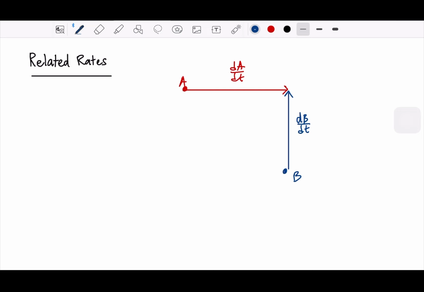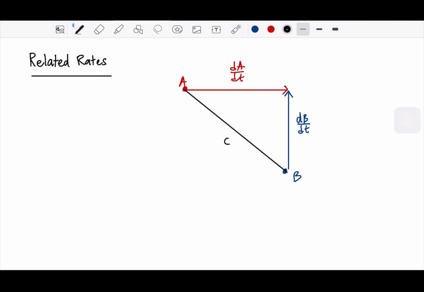If we see this as a triangle, let's say this is side C. When A moves and B moves, C also gets smaller, right?